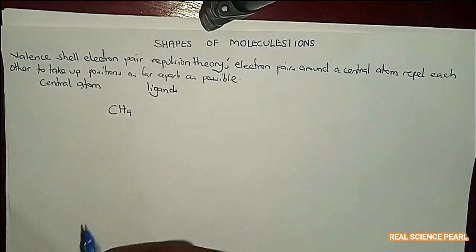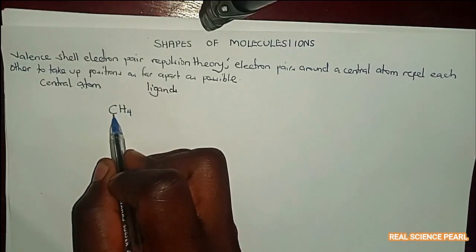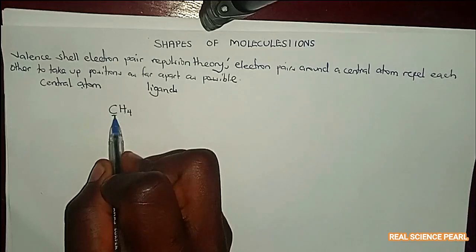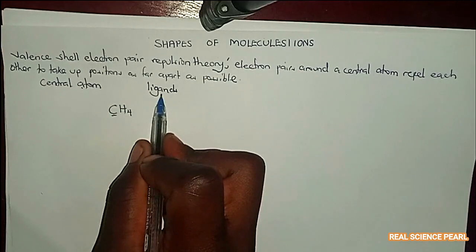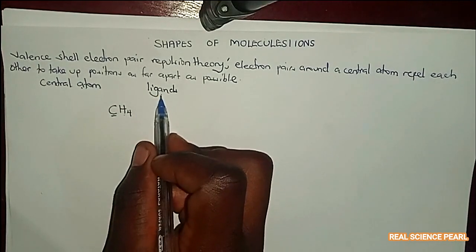In methane we have carbon and hydrogen. Carbon is the one that is referred to as the central atom, and hydrogen is referred to as the ligands.